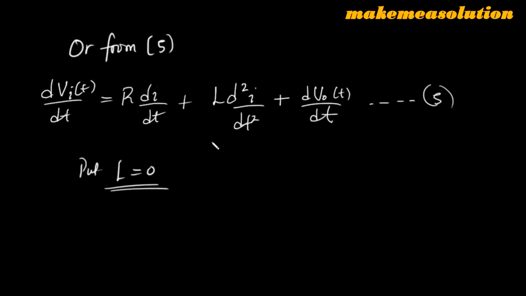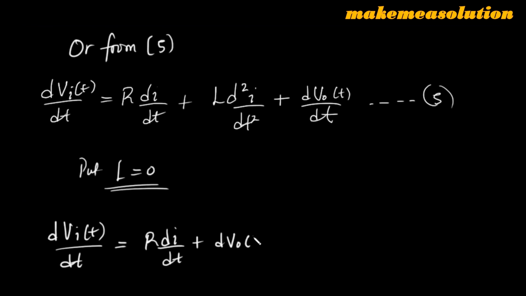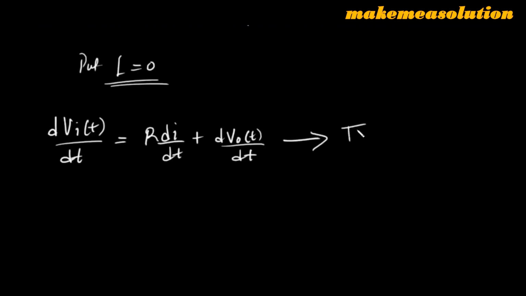Since it's also in second order form, the highest derivative d2i over dt squared, we'll have vi of t is going to be R di dt. L equal to 0 makes this term cancel, plus the v naught of t. So this becomes first order in terms of I of t. So anyhow you express the answer, you should just be very flexible with the calculations and understand what is actually happening.